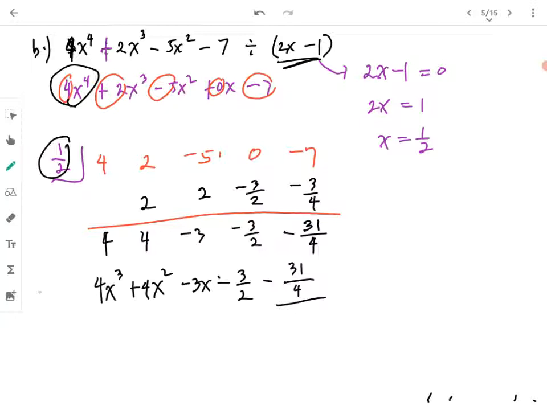So I'm now expressing the final answer as the quotient plus remainder: minus 31 all over 4 all over 2x minus 1.